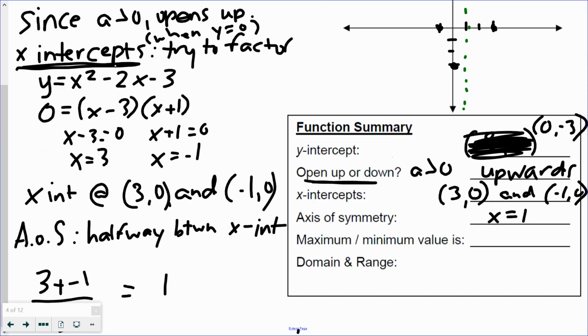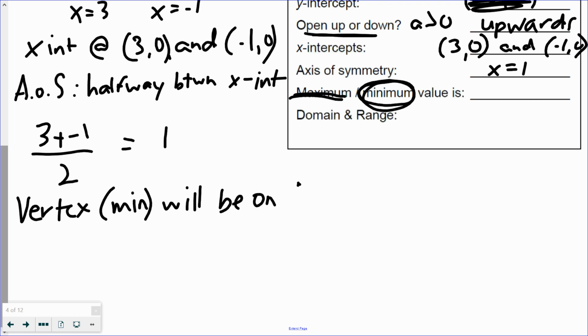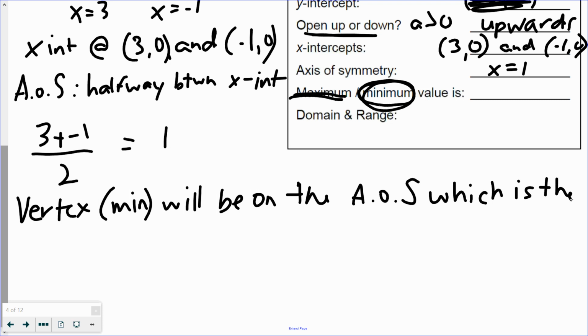So then it says maximum or minimum value. So if we know this is opening upwards, we're going to have a minimum value. We're going to have a lowest value. So it has a minimum value. So the vertex, in this case a minimum, will be on the axis of symmetry, which is the line x equals 1.